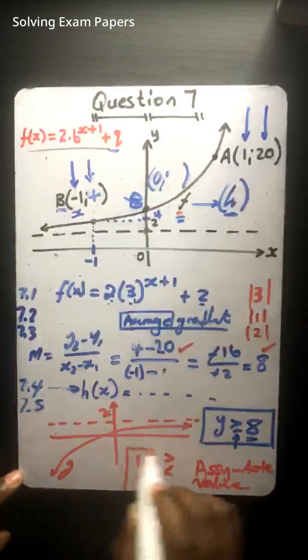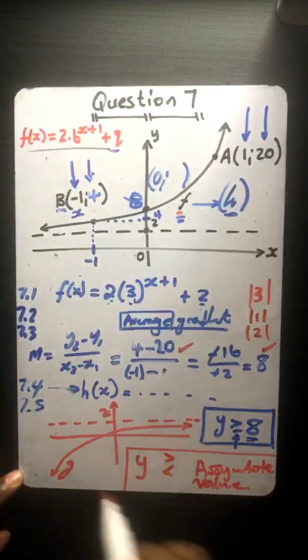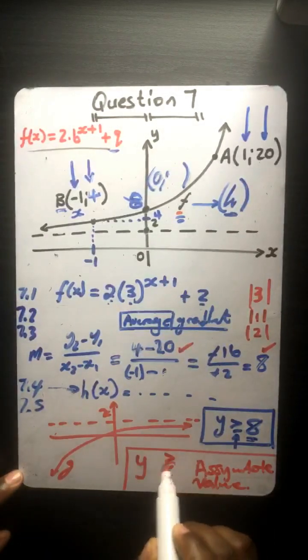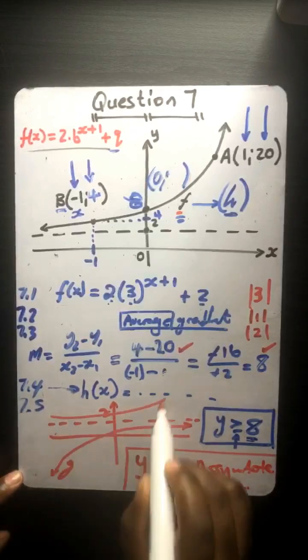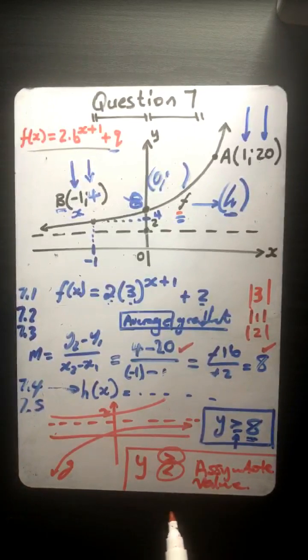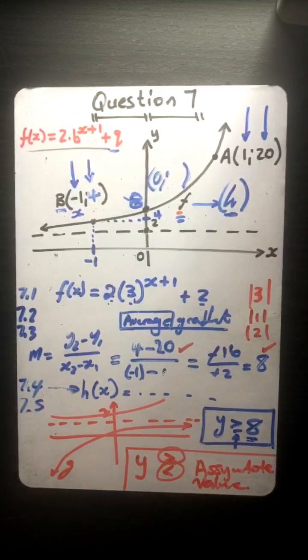I'm not sure if it summarizes it when I do it this way: if it's below the asymptote, you use less than, but if it's above the asymptote, you use greater than. Does it summarize it in that way? No, I understand. It's understandable. I get it now. Yes.